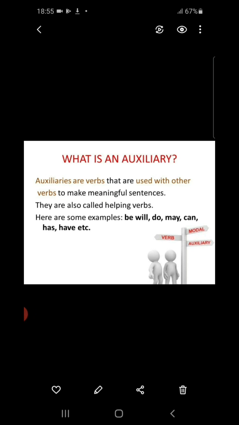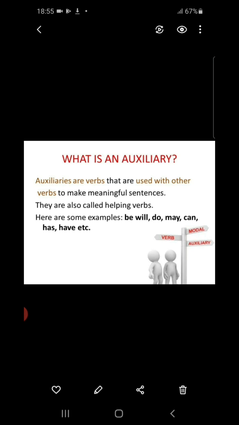Here are some examples: be, will, do, may, can, has, have, etc. Students, these verbs basically have the meaning of their existence when they are used with the main verbs.